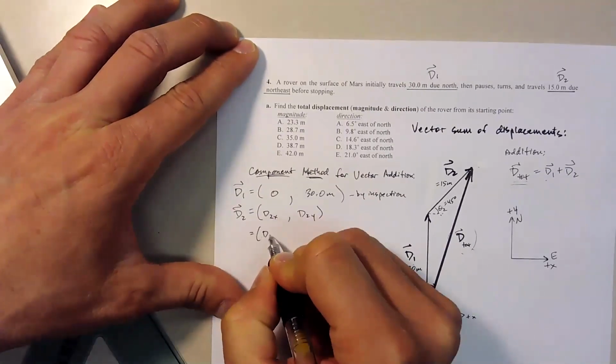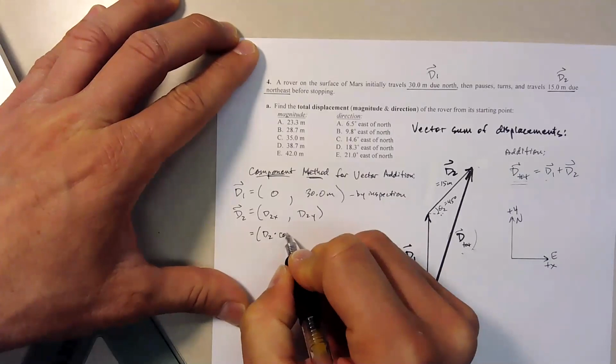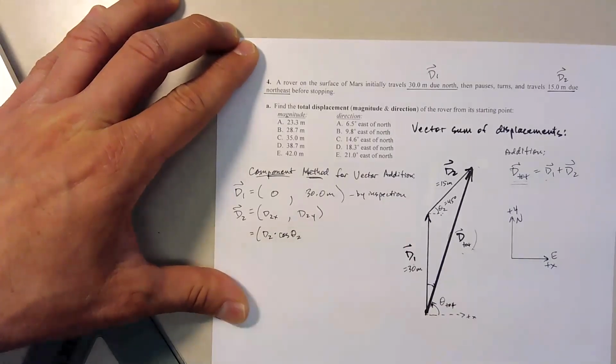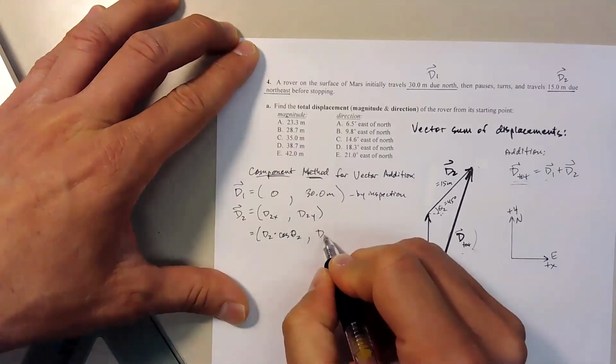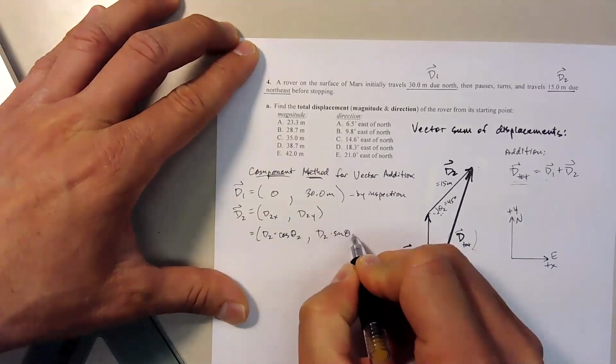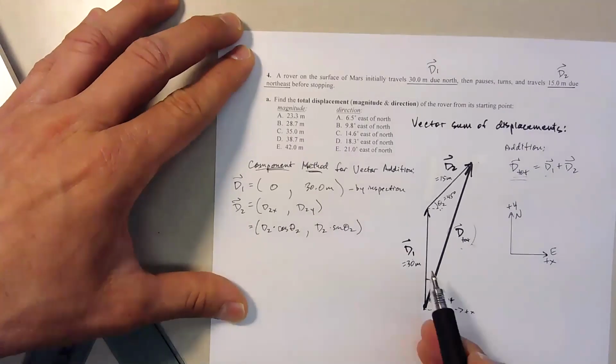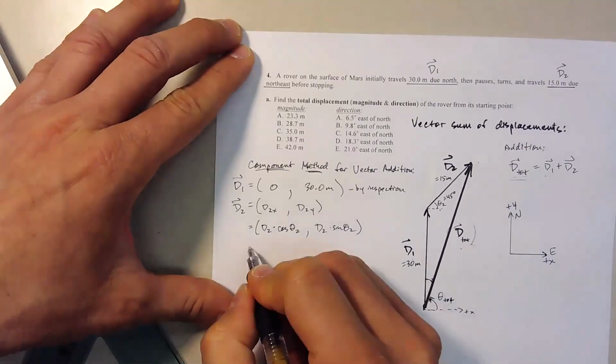We know that the x component of any vector is equal to the magnitude of that vector times cosine of the trig angle of that vector. We know the y component of any vector is equal to the magnitude times the sine of the trig angle of that vector.